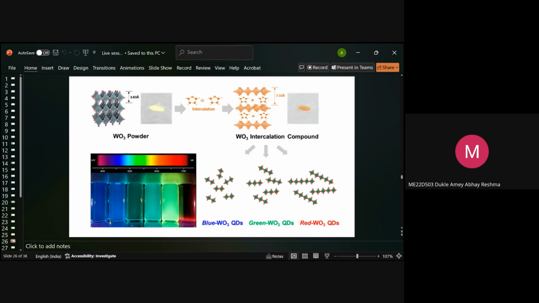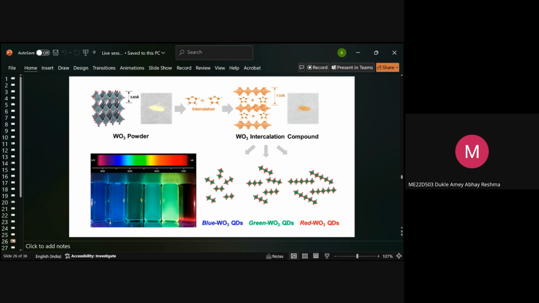Yes, so the answer is quantum dot. Depending on the size of the quantum dots, here you can see Wollstonite quantum dots. When you have a smaller size of Wollstonite quantum dots, you will have blue color. If the size is increasing, the color is becoming green, and when the size is the highest, the color becomes red.